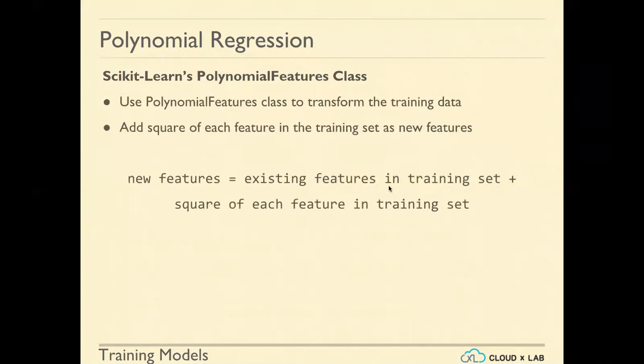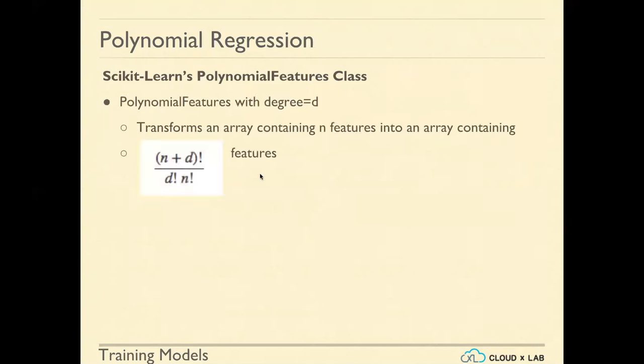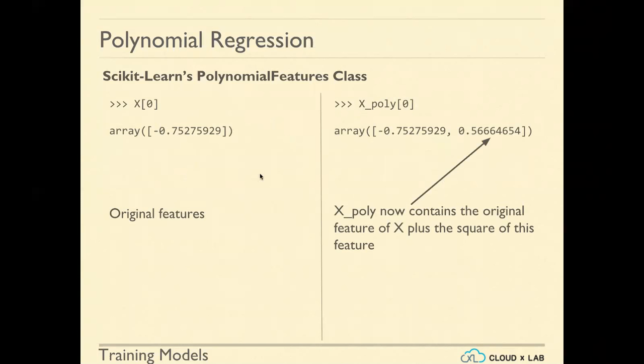Since we had only one feature in the input, it added one more. If there were two features, let's say 0.1, 0.2, it'll add 0.1 square, 0.2 square, and 0.1 times 0.2. So if you take a look at this data, what we are saying is that the coefficients are still linear. The data is non-linear, but the coefficients are still linear.